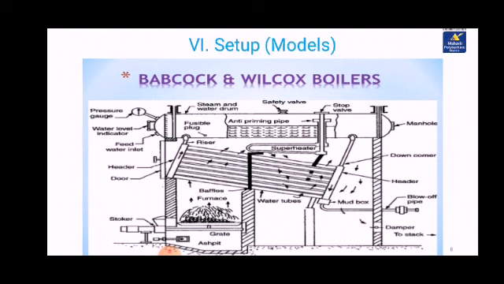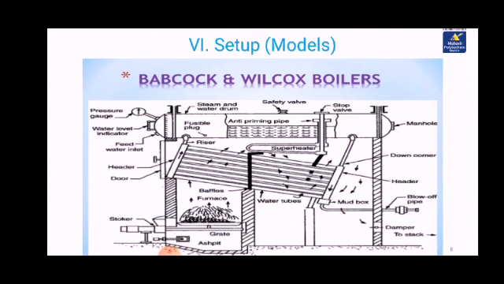First of all, it consists of a combustion chamber. Below it there is the grate. The grate is a net-like structure on which fuel is burnt, and below it there is an ash pit. When coal gets burned, it converts into ash and the ash is collected there.